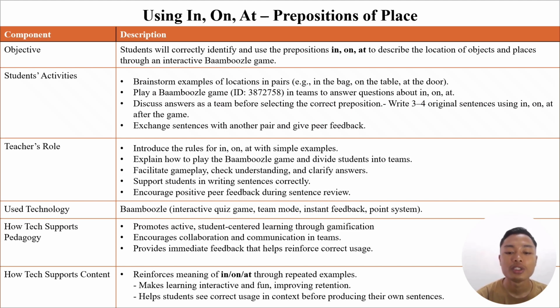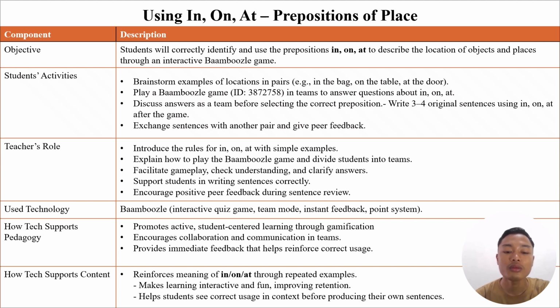Okay, point three is facilitating gameplay and checking understanding. During the game, the teacher monitors student discussion, answers questions, and clarifies confusing points. This helps prevent misunderstanding and supports learning. Okay, point four is supporting sentence writing. When students start writing their own sentences, the teacher provides guidance, checks grammar, and helps students express their ideas correctly.